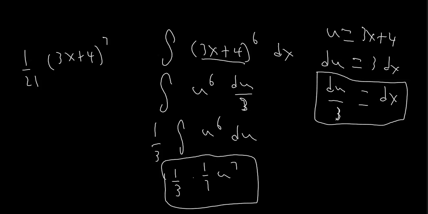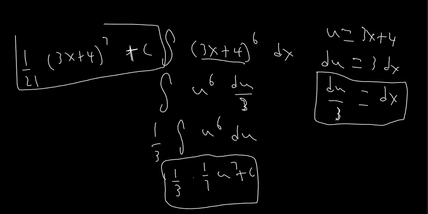That's our answer. However, also plus c right there. Forgot the plus c there. And also one more thing, don't ever forget the plus c. Very important. And it's only important in indefinite integrals, as I made clear in another video. And never forget the plus c.